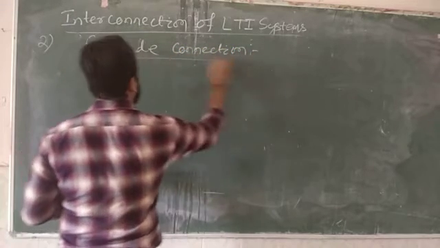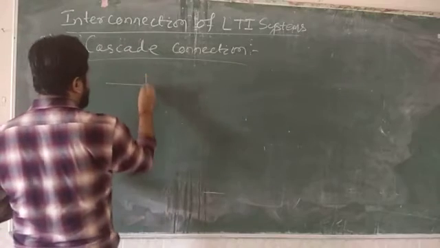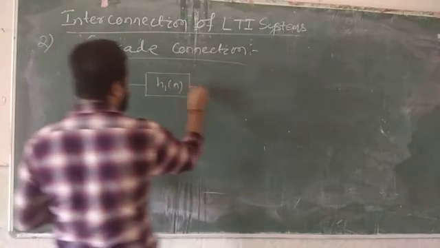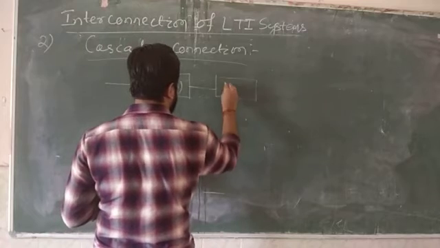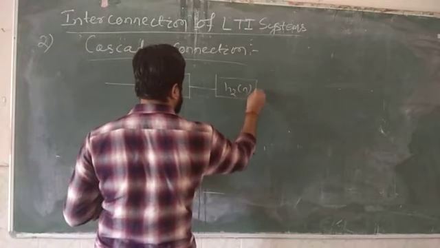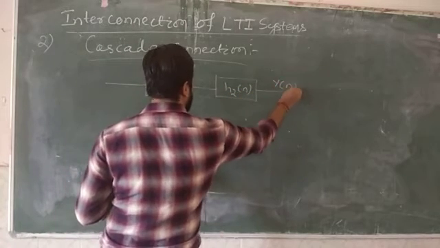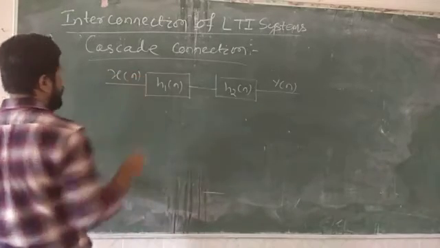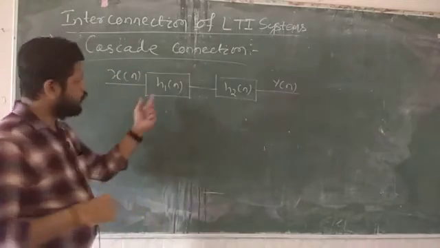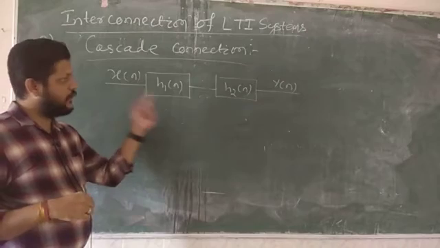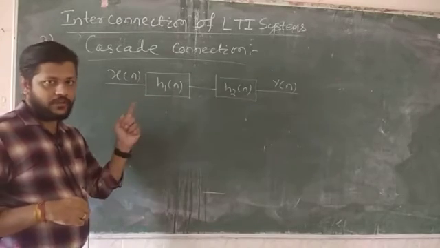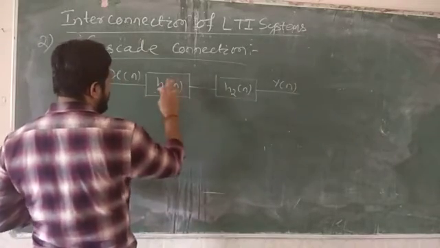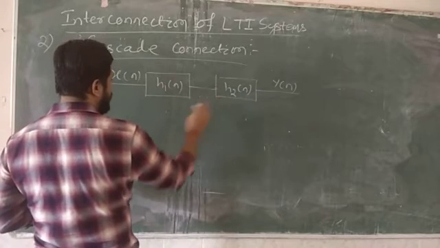Cascade connection means we have two systems, for example, and it can be two or more, h1[n] and h2[n], with input x[n] and response y[n]. Remember, when two systems are connected this way, that is a cascade, this type of connection is known as series connection or cascading of two systems. This is system 1, this is system 2. System 1 response is h1[n] and system 2 response is h2[n].